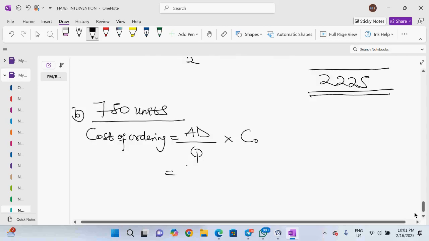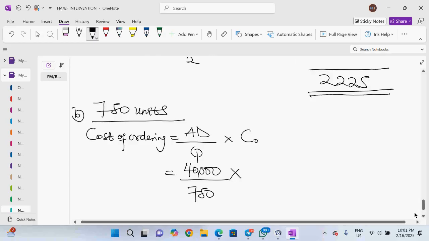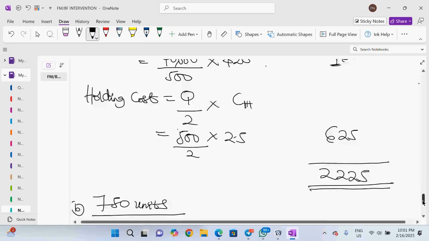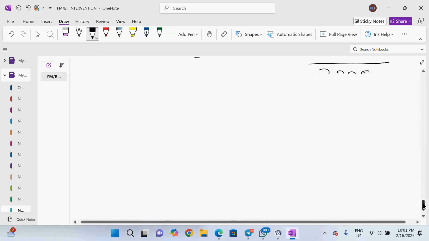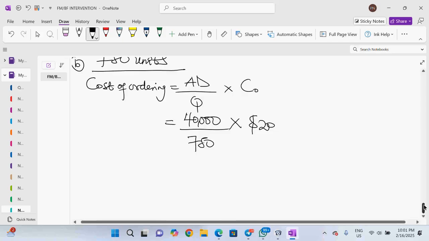So what is the annual demand? 40,000, all over the Q. Q is 750, times the ordering cost per order. What is the ordering cost? $20. So what are you getting?